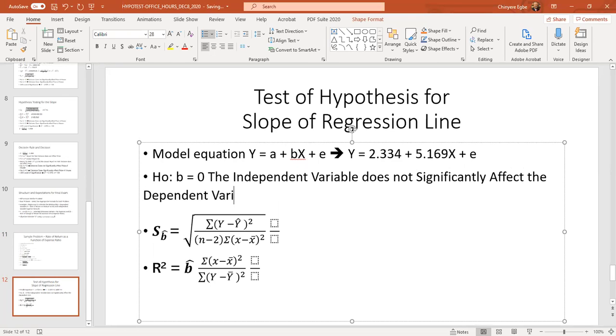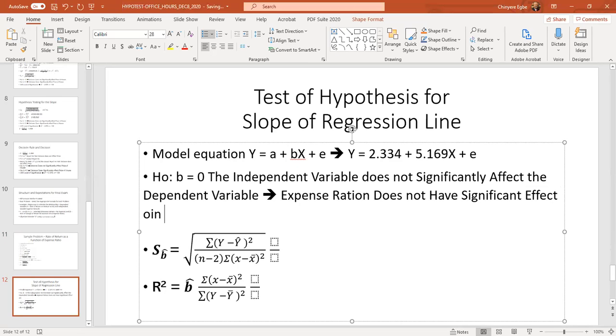In this case, I want you to be specific: expense ratio does not have a significant effect on rate of return.